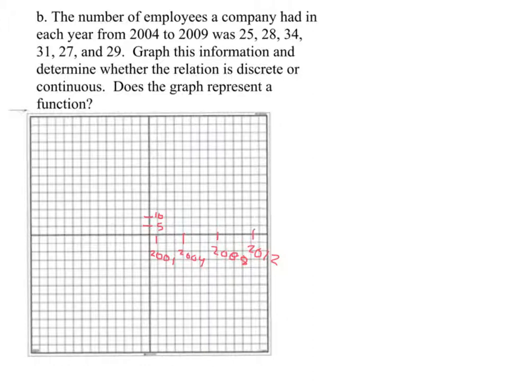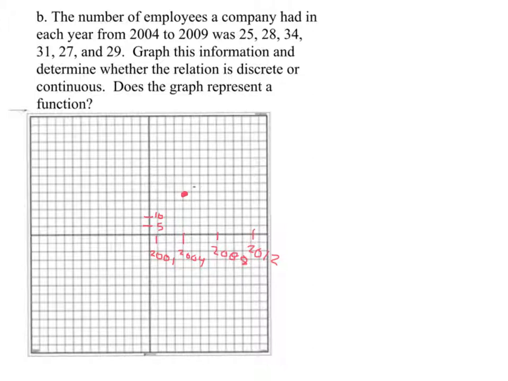In 2004, that's the first year, it was at 25. So I'm going to go on up and make my point, which is right around here. And then in 2005 would be the next year. It's on up to 28.